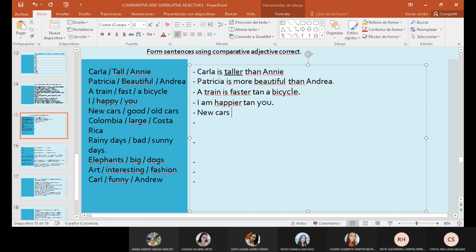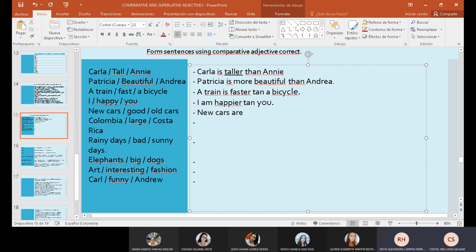What verb do we use? When we say Carla, we use is. In Patricia, we use is. In new cars, we use are. Are a comparative of good.